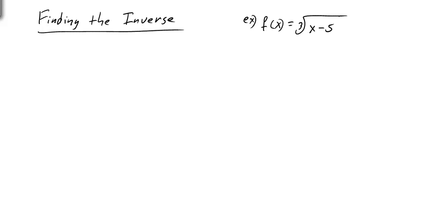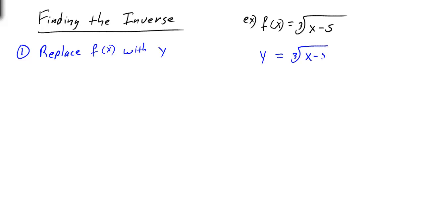Step number 1, I'm going to replace f of x with y. Now, really, I'm just putting that in so it looks a little bit nicer because we know f of x is really representing our y. So that just means we're going to write this as y equals the cube root of x minus 5. Okay, that's all that means.